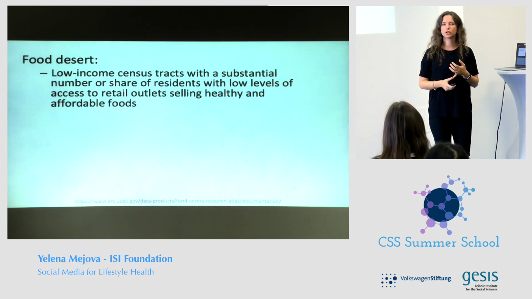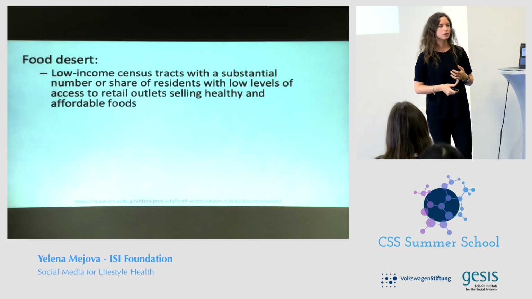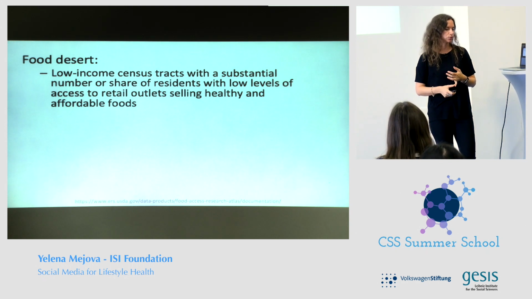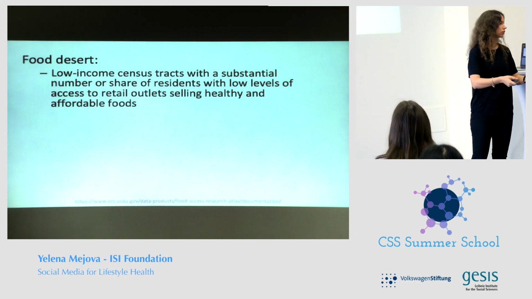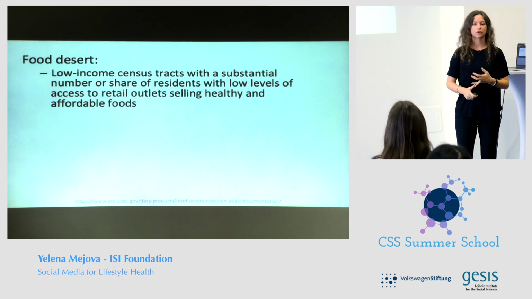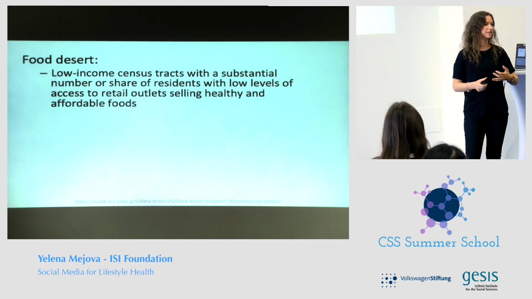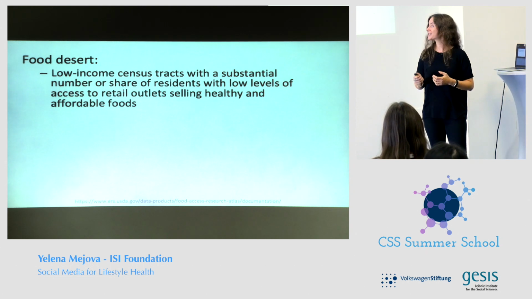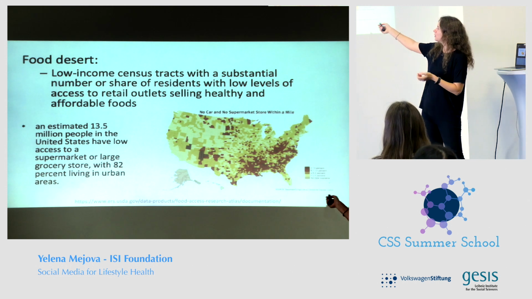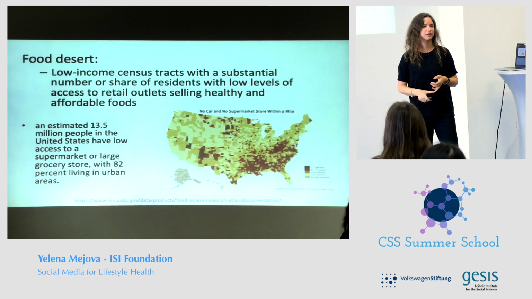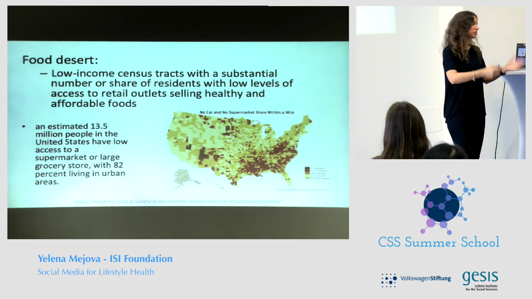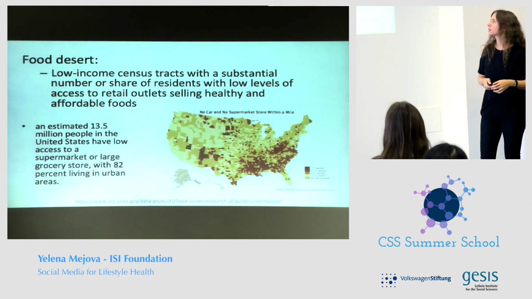So there are maybe not so many food shops or groceries, or people have difficulty getting to them. The US is notorious for having basically no public transport. So if you're in certain places of the US, you just can't get to a grocery store. So it's a combination of availability and people's ability to get to places.